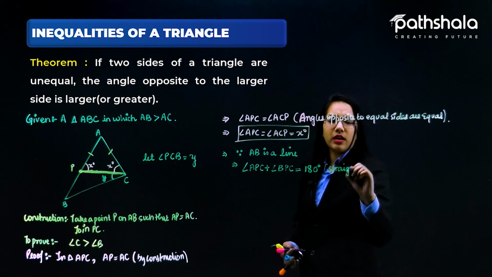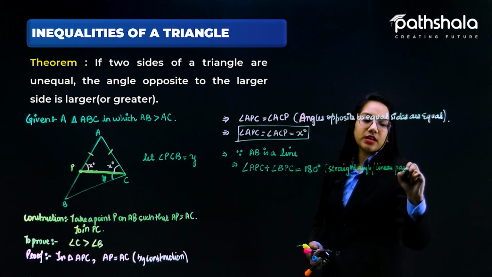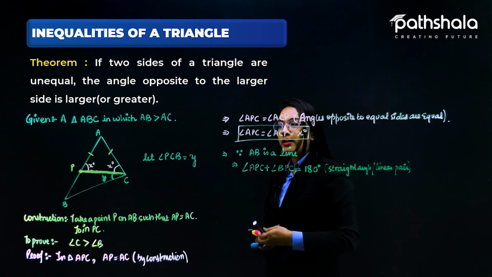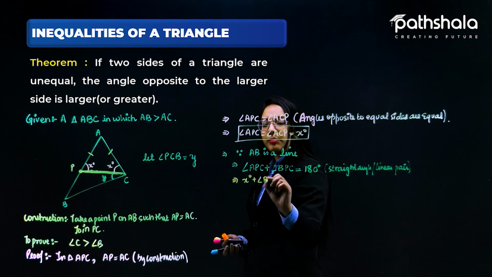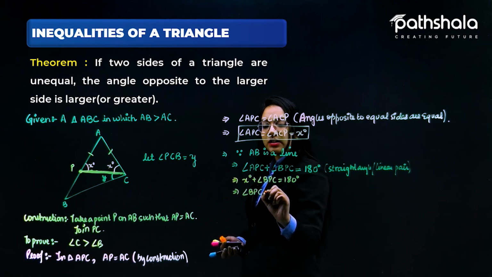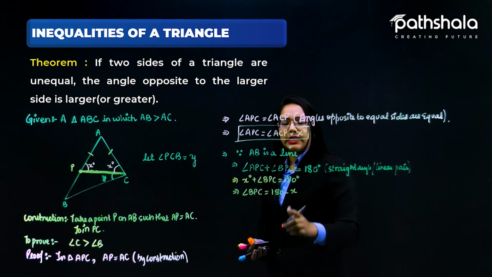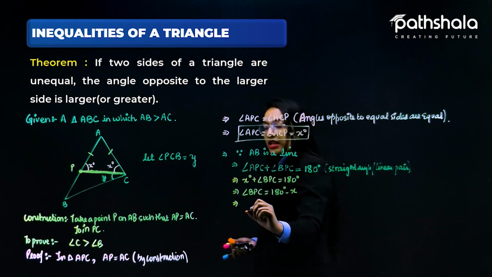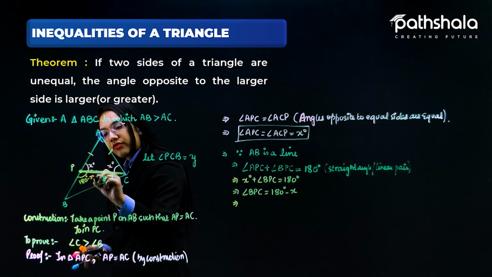By the linear pair axiom, their sum is 180 degrees. Plugging in the value, x plus the angle BPC is equal to 180, so BPC is equal to 180 minus x.